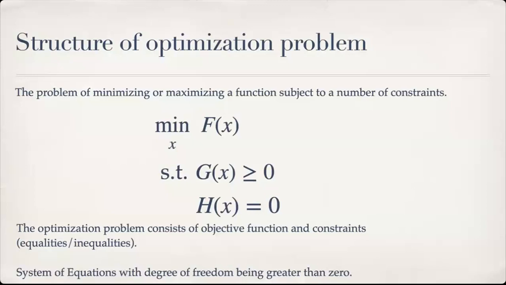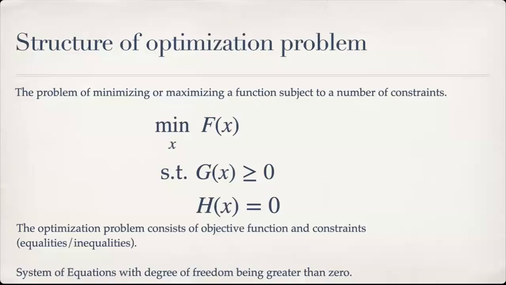One equality constraint defines one relationship, right? That means it consumes one decision variable already. For example, if we have two decision variables, x1 and x2, and one relationship, F1 in the previous slide, it consumes 1 degree of freedom, so our degree of freedom is 1 in that case.